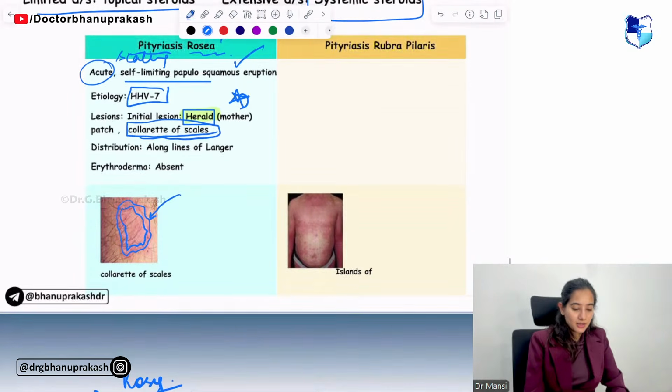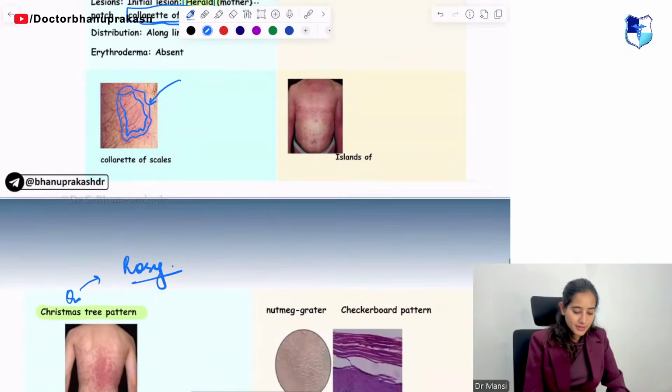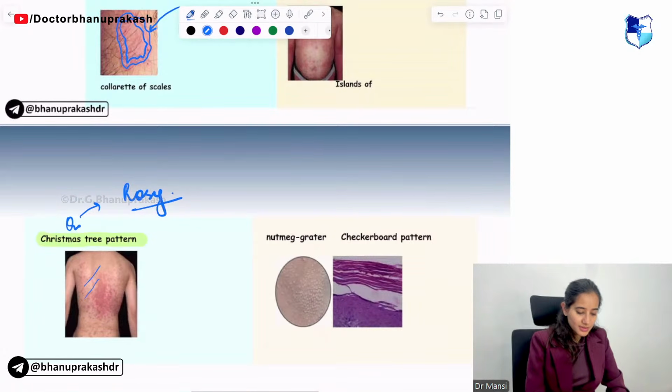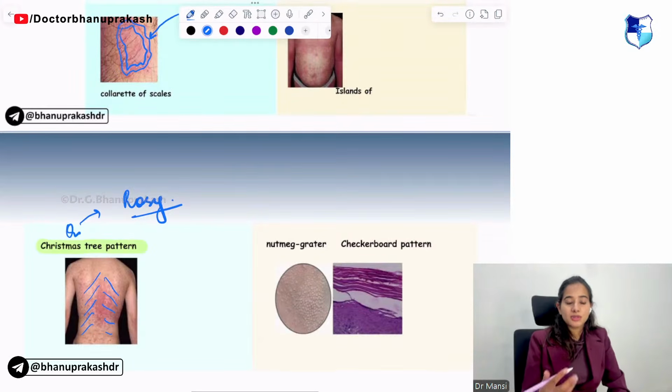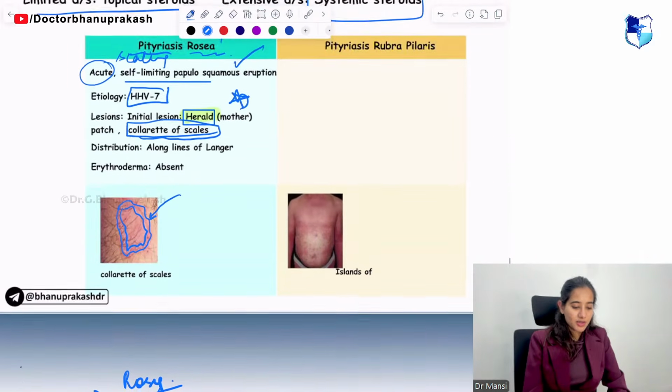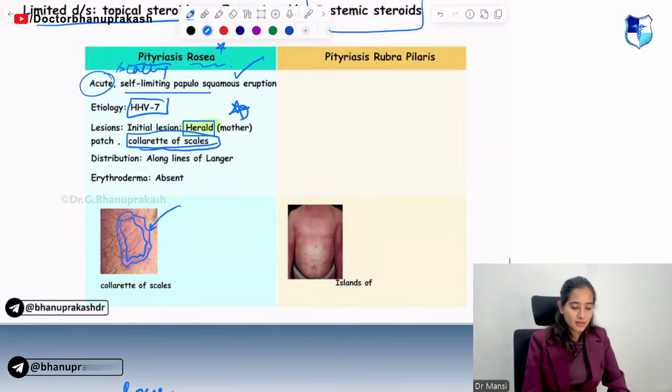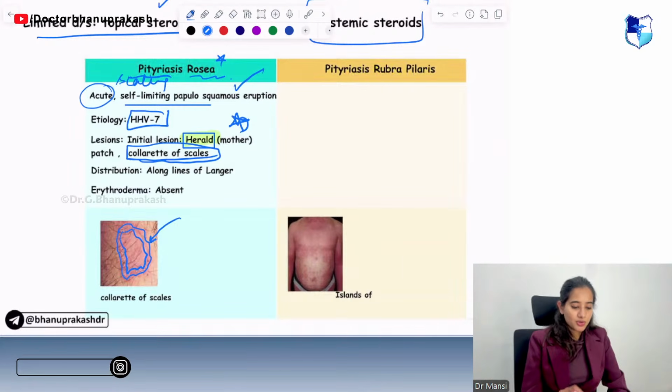That is collarette of scales. So this is your Christmas tree pattern. I hope this story can help you remember this. Rosy, mother. Why Rosy, mother? Because places where Christmas is celebrated. So Christmas tree pattern, Pityriasis rosea, collarette of scale is there, and distribution is along the lines of Langer.